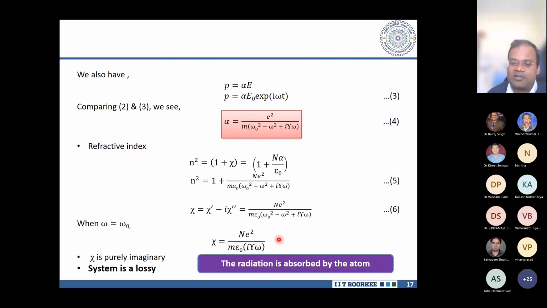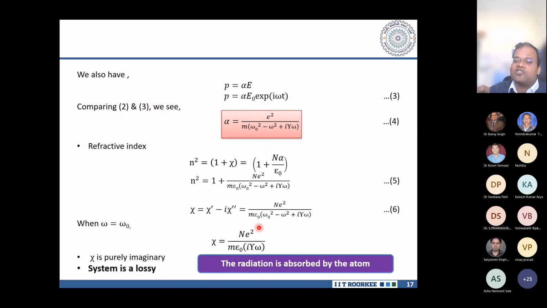When in a complex number c equals a plus ib, a is not there and only b is there, that means the number is representing something which is lossy. Likewise here, there is no real part anymore. It is purely imaginary. When something is purely imaginary, it is a completely lossy system. So this means the system is lossy.